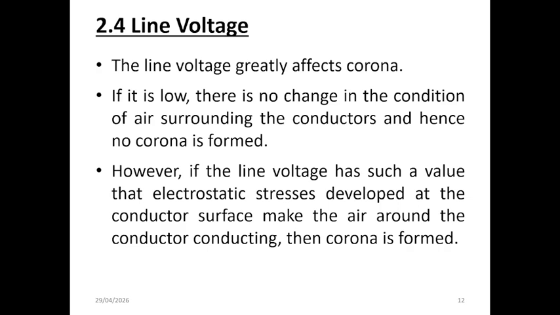However, as the line voltage increases, the electrostatic stress at the surface of the conductor also increases. When this stress reaches a critical level, it becomes sufficient to ionize the surrounding air, turning it into a partially conducting medium. At this point, corona discharge begins to form around the conductor.